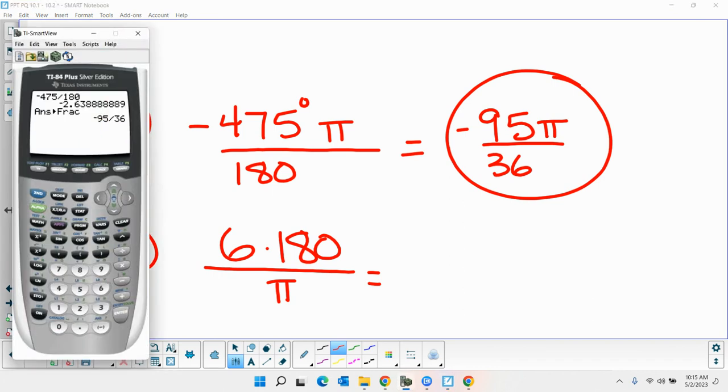Just do the 6 times 180. You can hit enter if you want, or you can go straight to divided by. And then the pi symbol is right there above the division sign, the caret button there. If you hit second caret, it'll give you the pi symbol, and it punches it in there for you, and then hit enter. So that'd be 343.